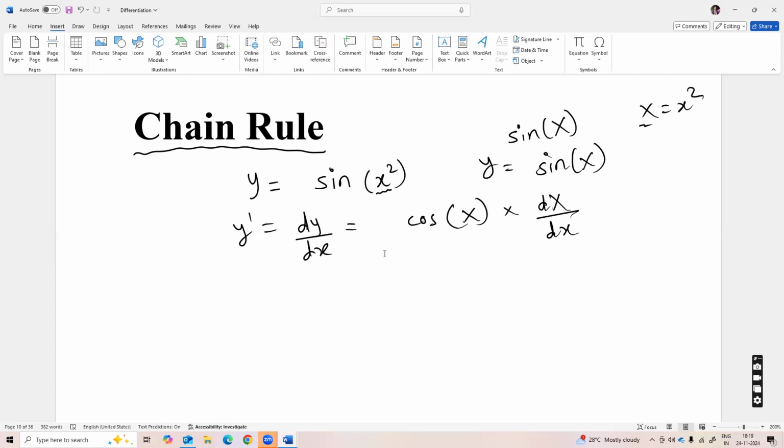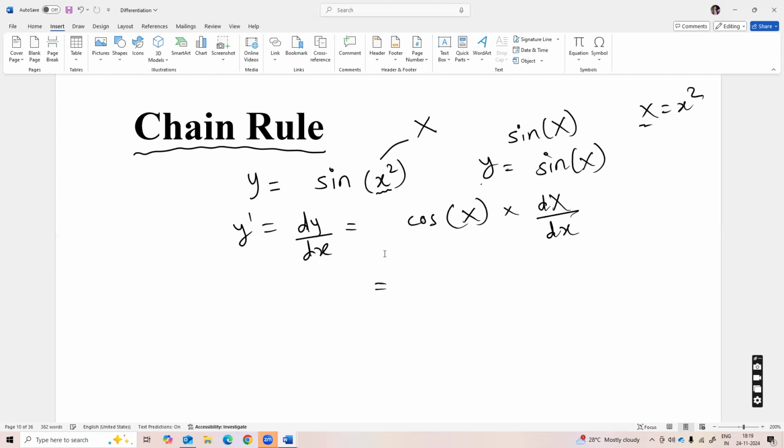Here we don't have simply x, but we have x square, so we have written this x square as some other term, big X. Then we have taken the derivative of sine X, which is cos X, and into that, we write the derivative of big X with respect to x.